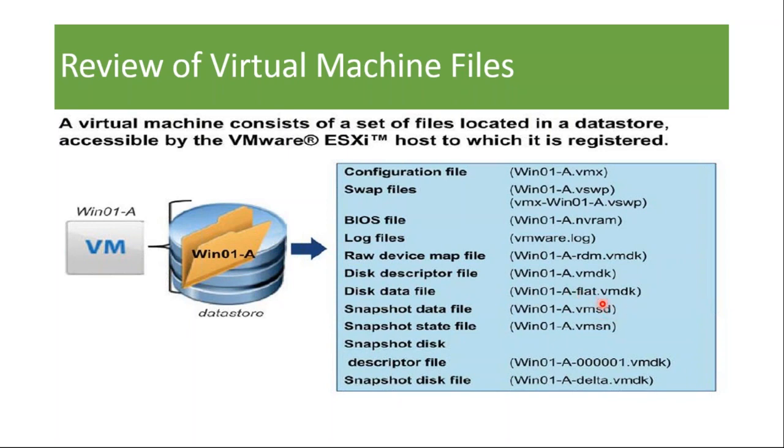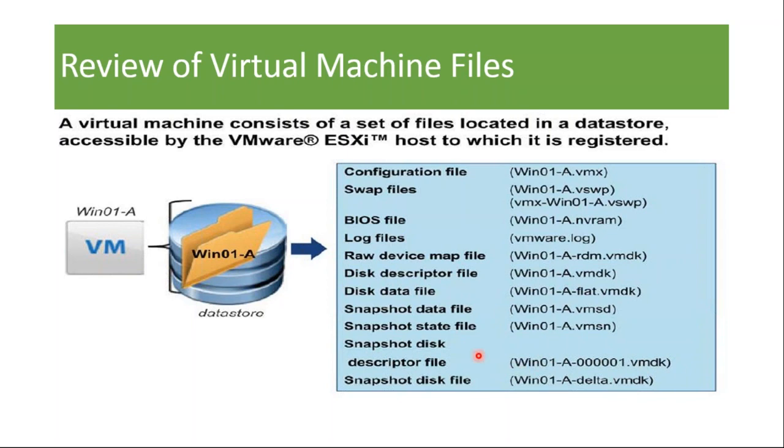The disk data file is saved as flat.vmdk, the snapshot data file as .vmsd, and the snapshot state file as .vmsn. The snapshot disk descriptor file is saved as 501.vmdk. If there is a second snapshot descriptor file, it starts with 502.